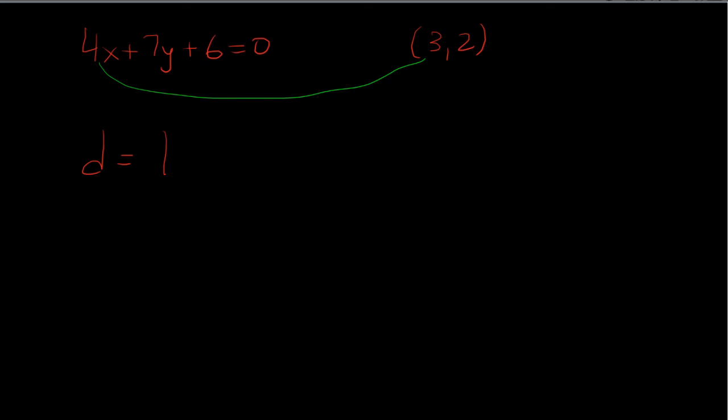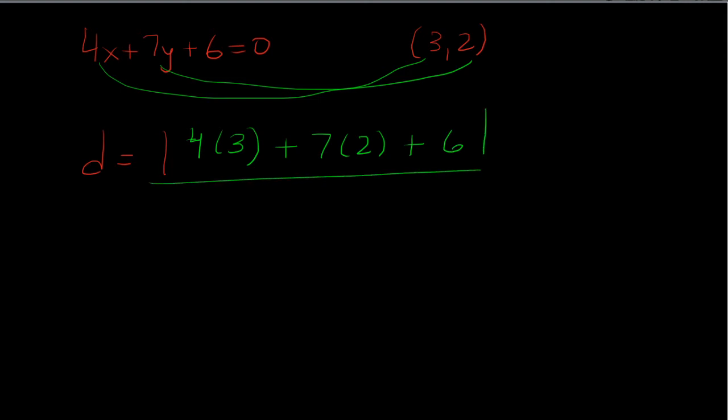Let's say we're given 4x plus 7y plus 6 equals 0, and the point we're going to use is (3, 2). So the distance will be the absolute value. Now we're going to multiply the coefficient of x with the point x, and then add that with the coefficient of y times the point y, and then plus the constant 6.